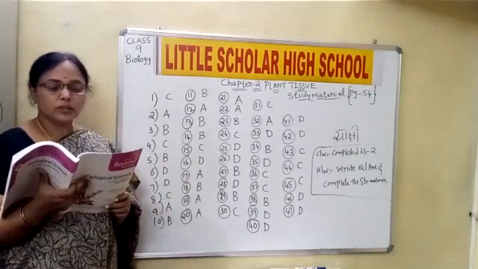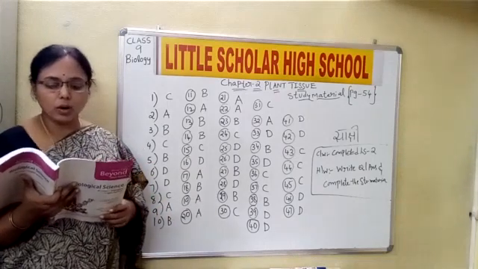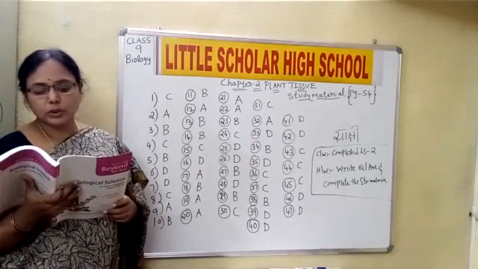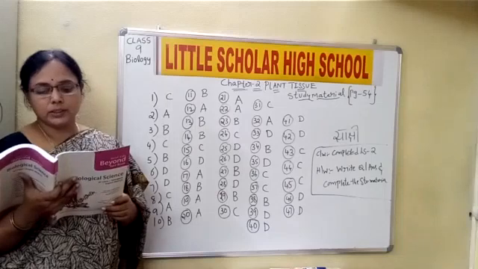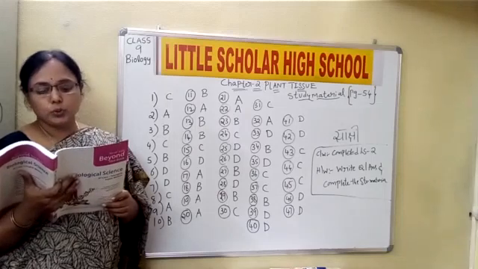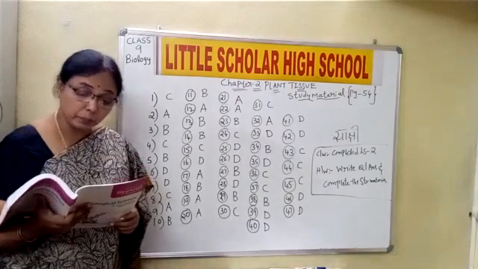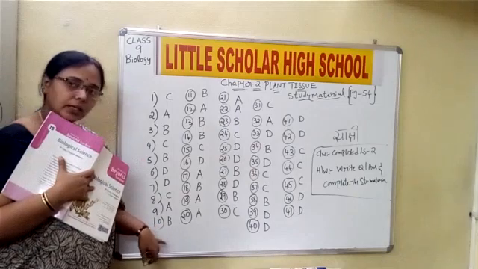Tenth one, see the following statements. First is parenchyma tissues are thick walled and compactly arranged. Parenchyma tissues are thick walled and tightly packed. So which is the correct one, he is asking. A is true and B is false. So tenth B is the correct option, children.